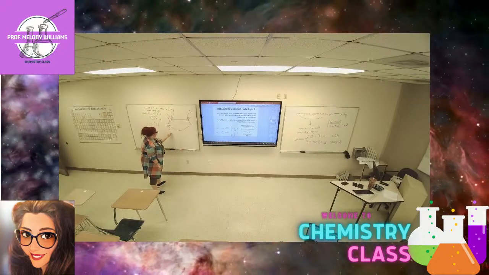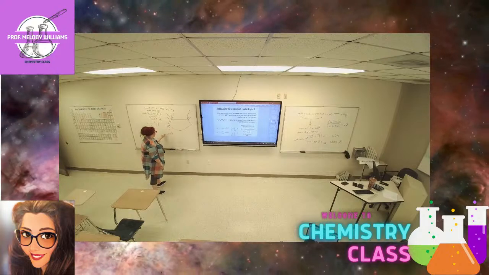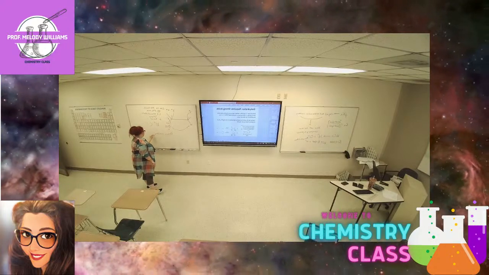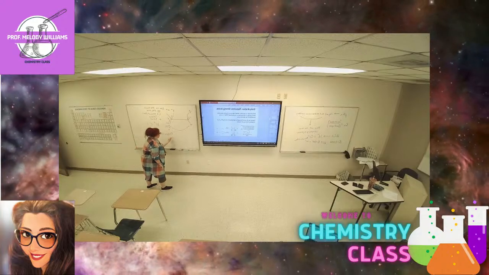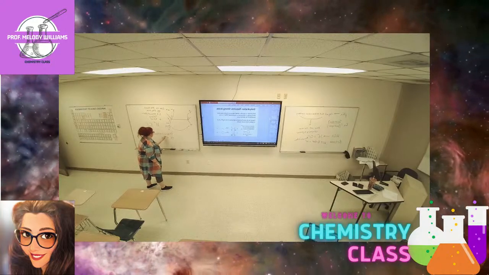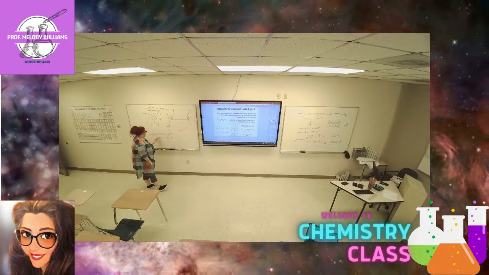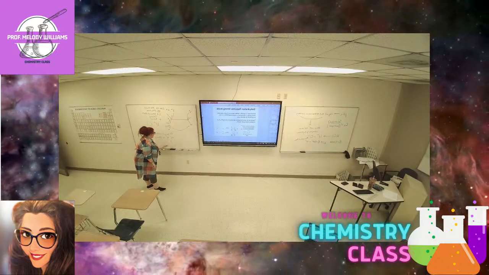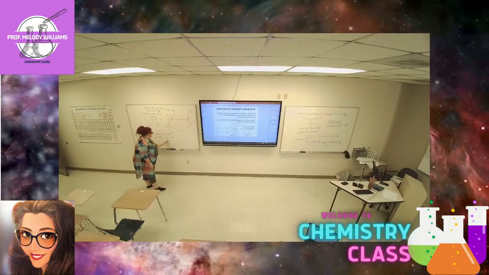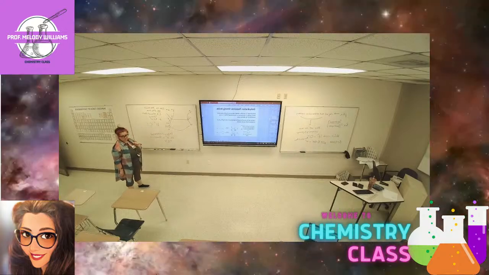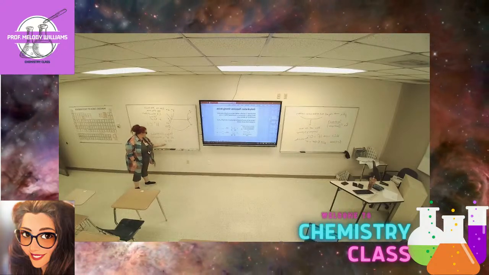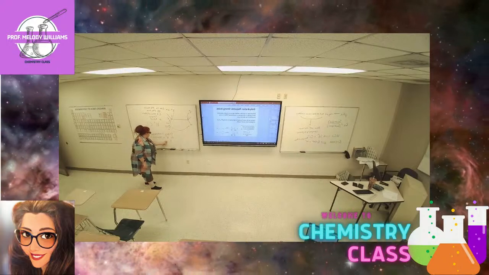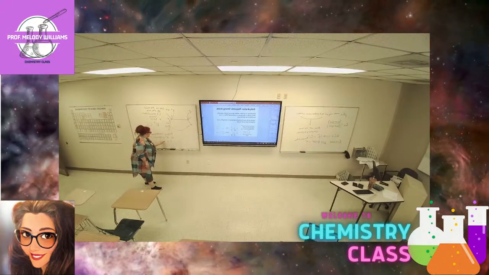This oxygen is attracted to the hydrogens in the strong acid and the hydrogen attached to that R group. I'll write it this way. That hydrogen that's attached to that R group.